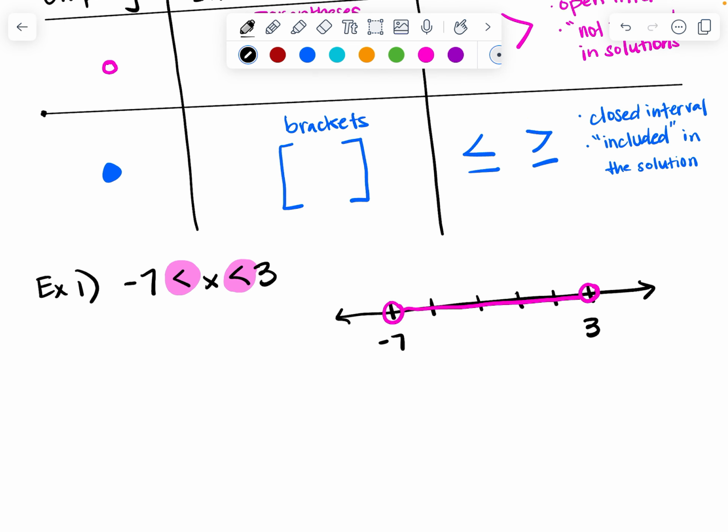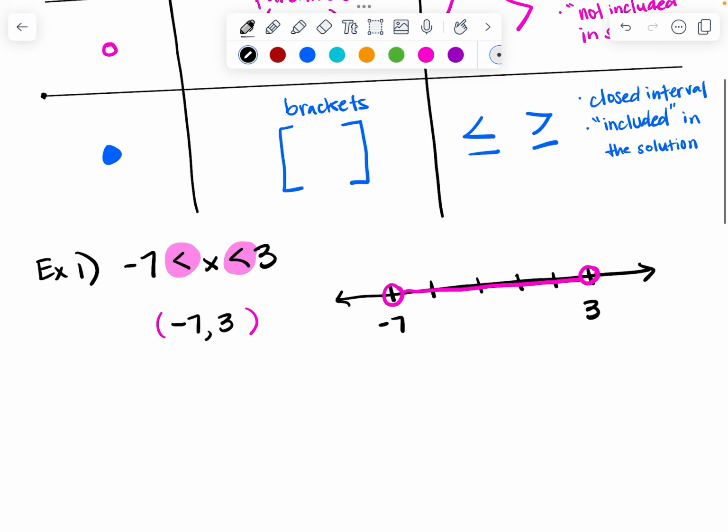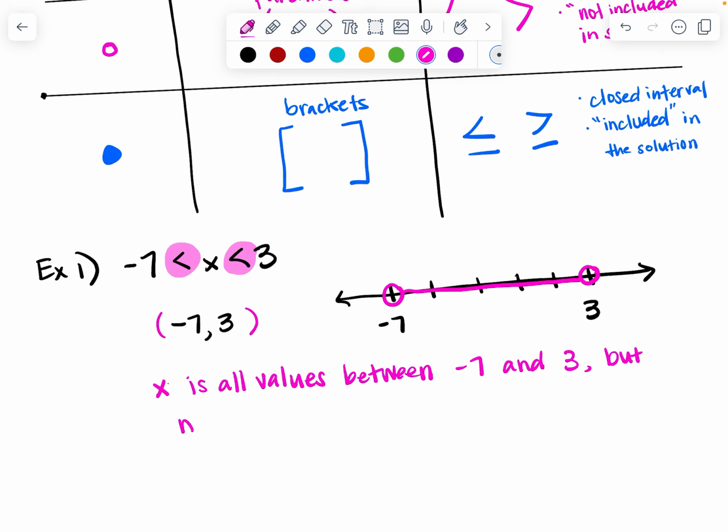Okay, so when I write this in interval notation, I'm going to use parentheses with the lower number on the left and higher number on the right. I've expressed the same solution in 3 different ways. What I'm saying is that x is all values between -7 and 3, but not including.